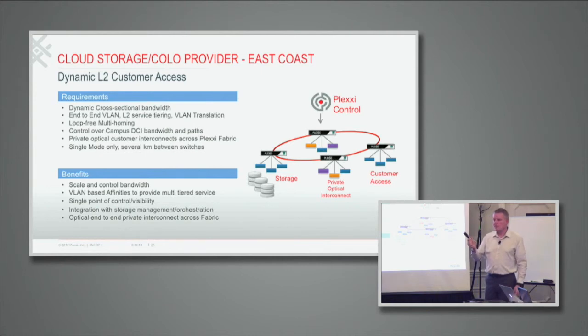We actually solve that for them with our flex ports. We give that customer a flex port SFP plus, 1 gig or 10 gig. We map it onto our fabric, take one of the optical links, spits out on the other side, and it's a completely transparent layer 1 connection. There's no packet processing in the middle, a private interconnect between these two places for that customer without having to worry about fiber.